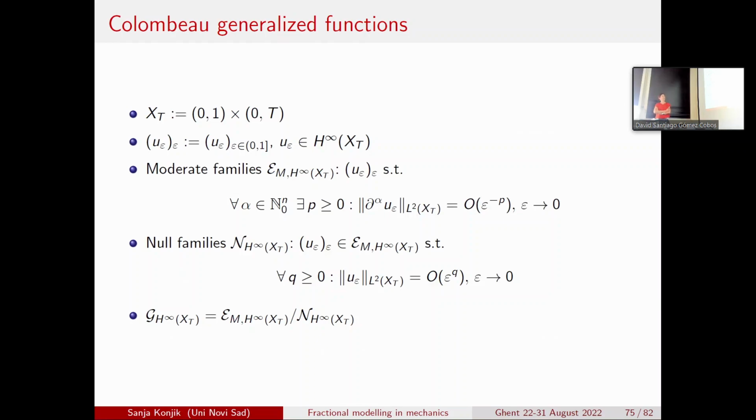Here we used Colombeau generalized functions, which means that, what is the problem in the spaces of distributions? You cannot multiply distributions. That is not well defined. So you embed your space of distributions into a space of, let's say, smooth functions with some conditions on the growth of those functions. You obtain nets, and then you can do regular operations on those nets.